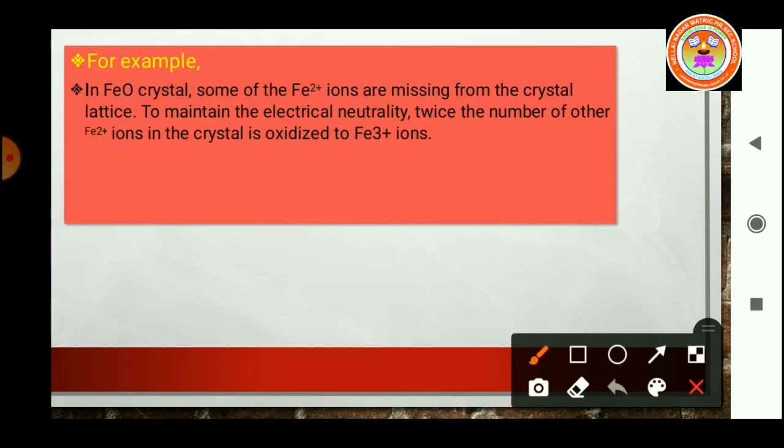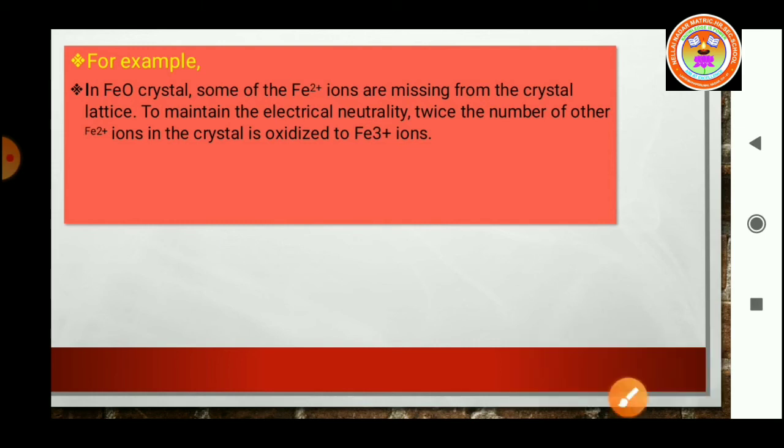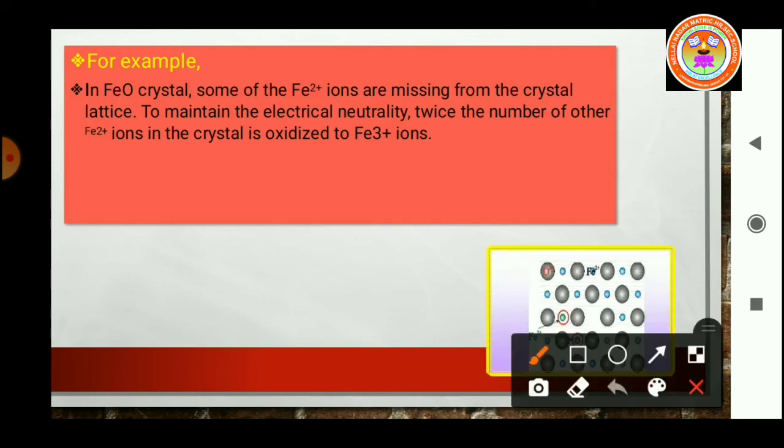Yes, so how to maintain the electrical neutrality? See the diagram. Yes, here some of the Fe2+ ions are missing. But how to maintain neutrality? Out of 3, any 2, that is twice the number of other Fe2+ ions in the crystal, are oxidized to give Fe3+ ions. So Fe2+ gives rise to Fe3+ plus electrons.